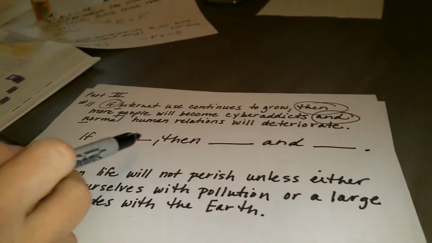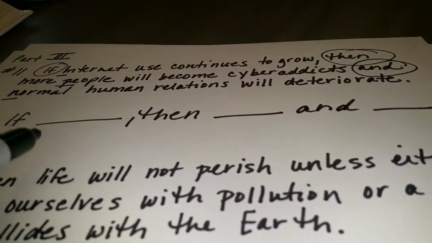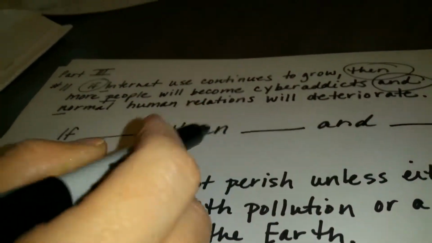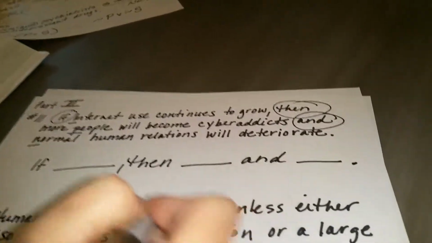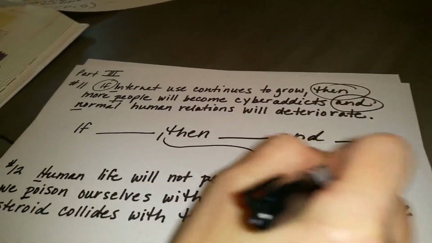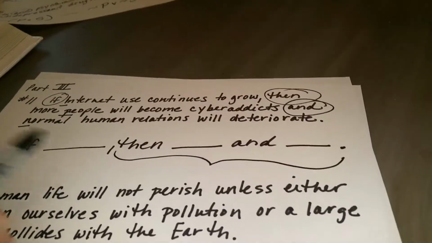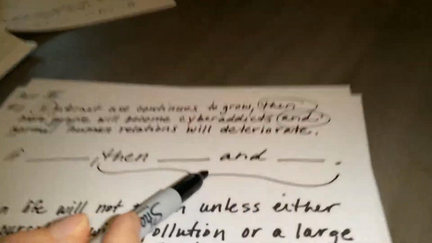You always try to put in your comma because that will show you where your main operator is. In this case, you have the comma in here, but you also have then and the rest of this together. So that tells you that this one is a conditional that has a conjunction in the consequent.